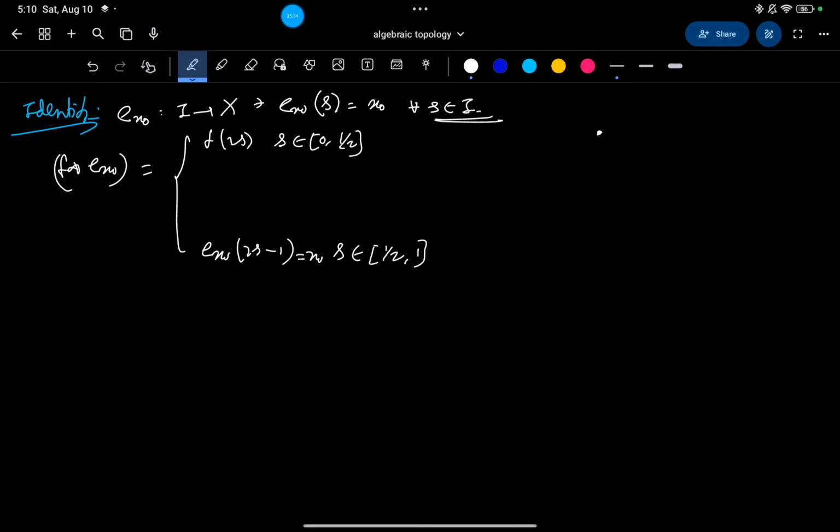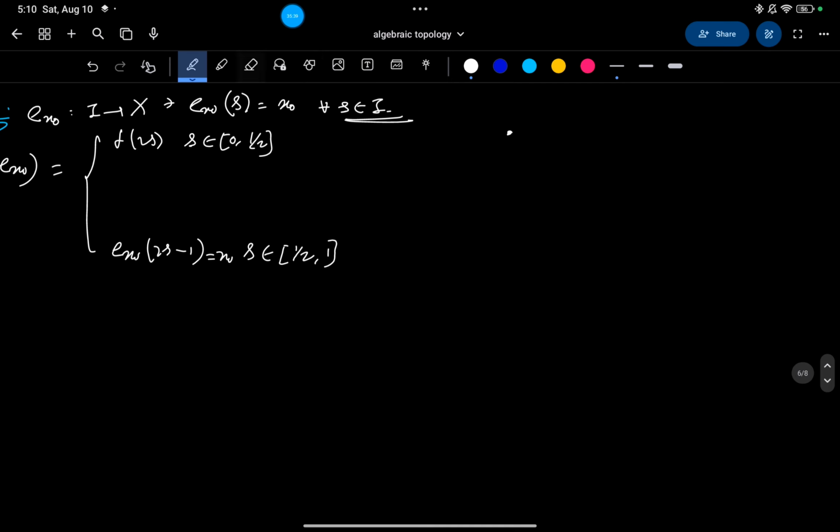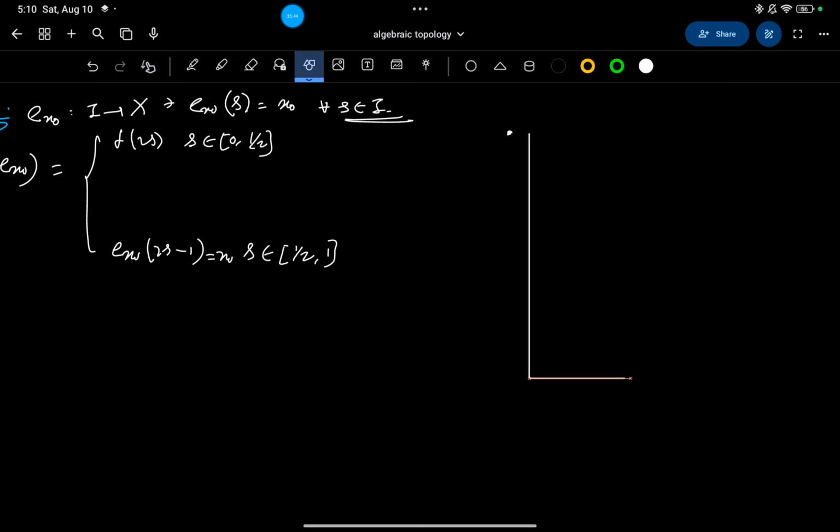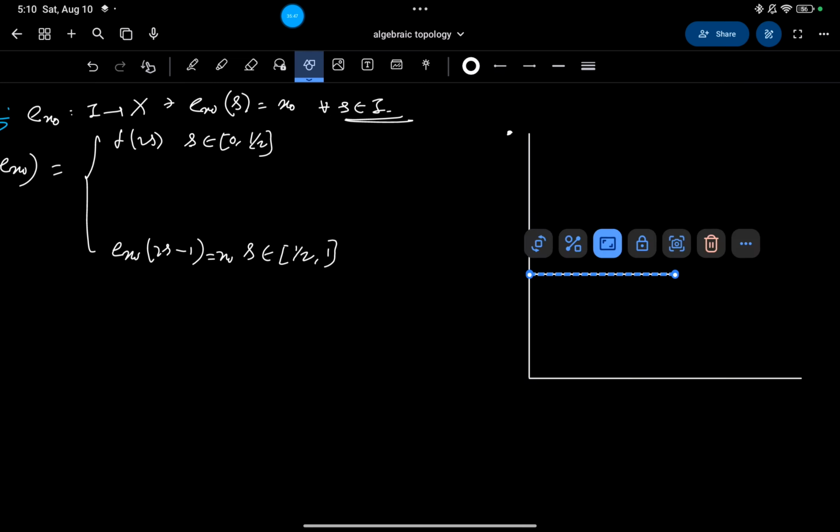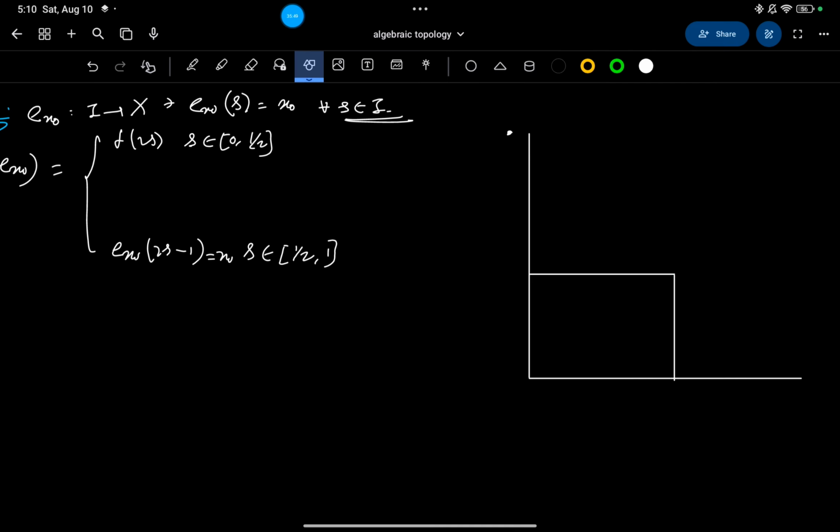Okay, so what should be the map? Again, just try to get the picture like this. Here it is 0 1, it is 1 1, it is 0 0, it is 1 0. So initially F star of E x naught, F is acting like this up to half, and the rest of the thing is x naught.